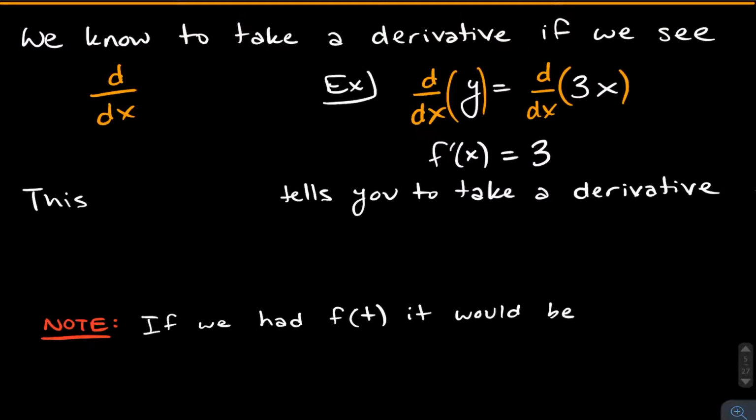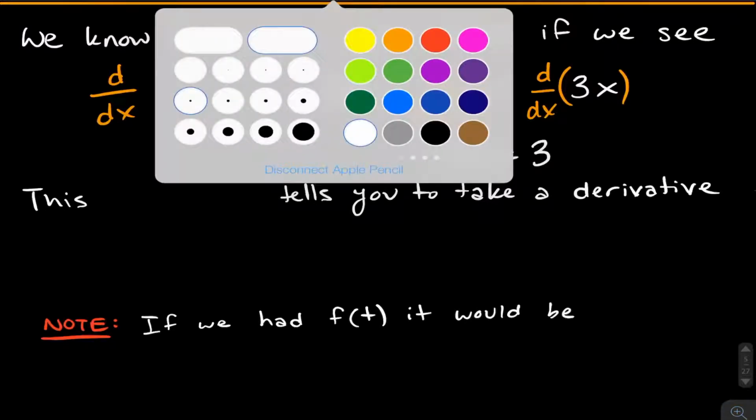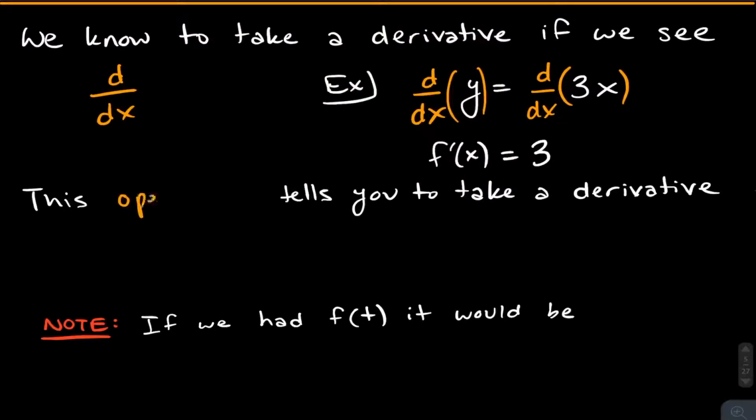Anyways, so this is an operation. This operation tells you to take a derivative, and since we have an x here, it tells you to take a derivative with respect to x.